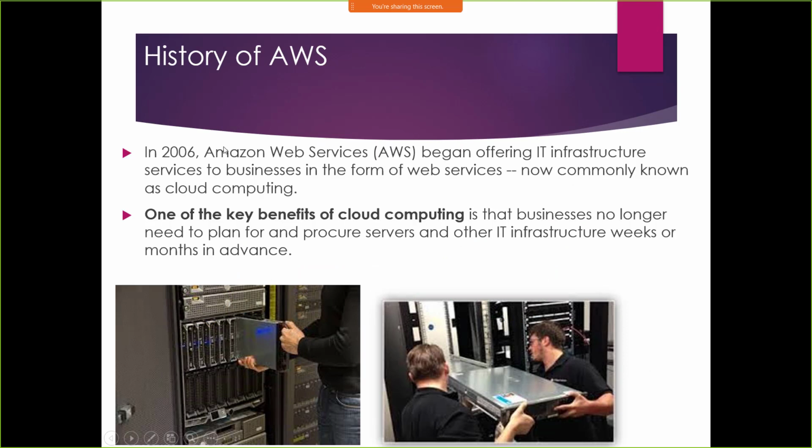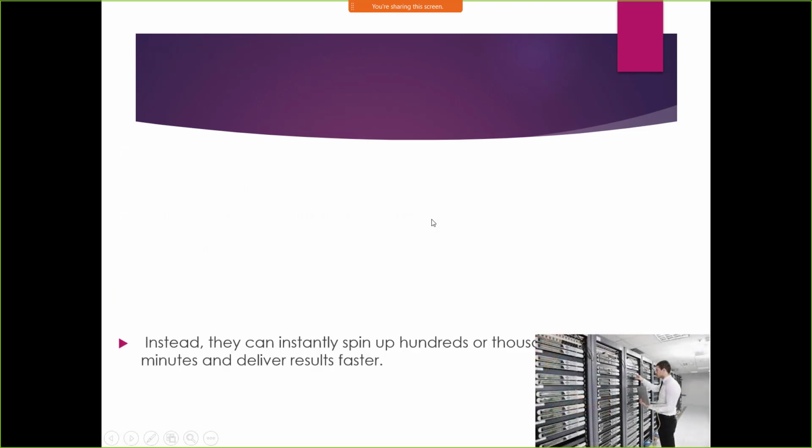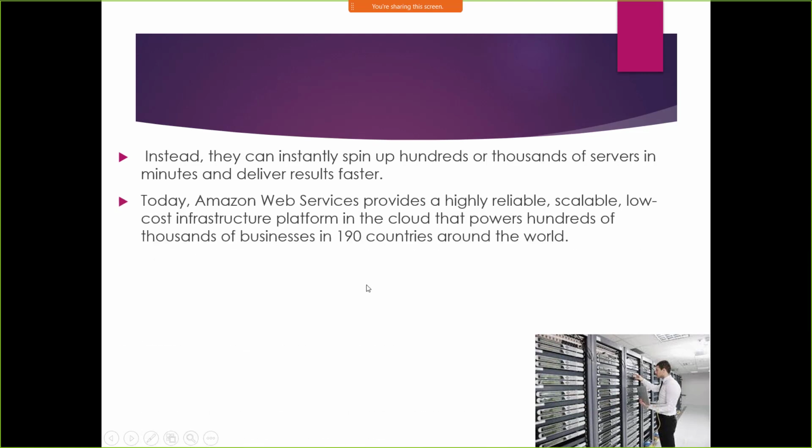Now we talked about AWS, it started in 2006, and now it is the leader. It started investing in cloud in 2006, and they're saying that they are spread across 190 countries now, and they have data centers there. It used to be very hard to procure all the servers, and you had to wait 6 months for that.